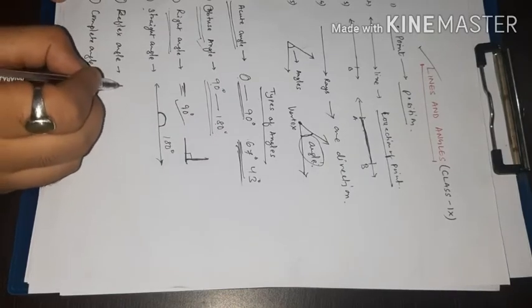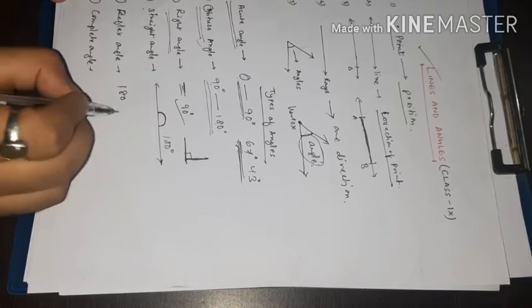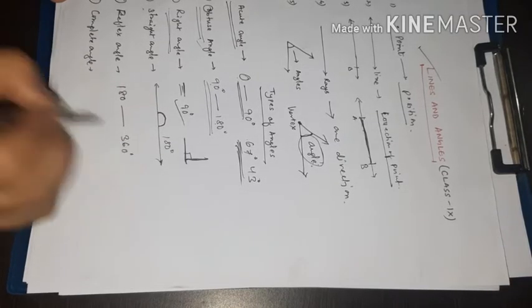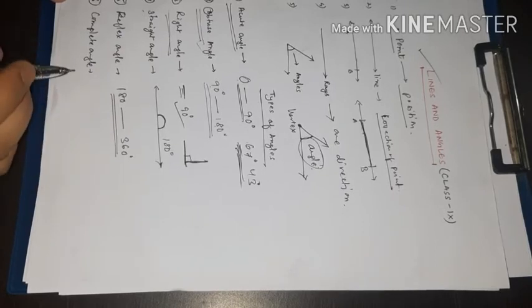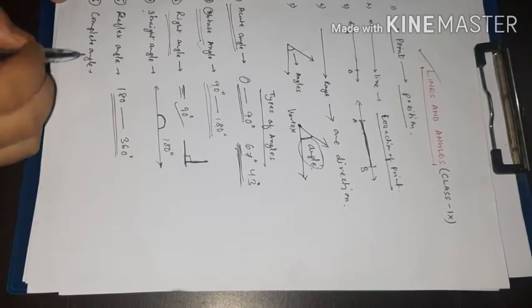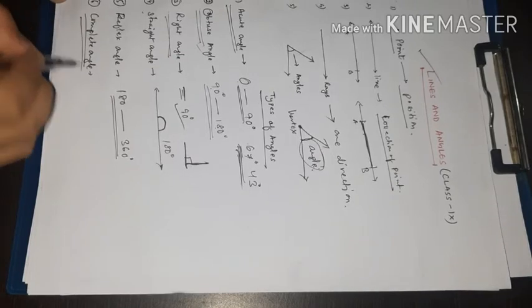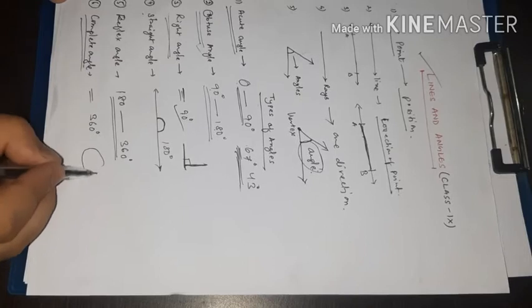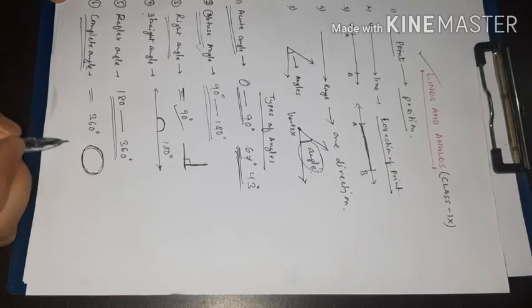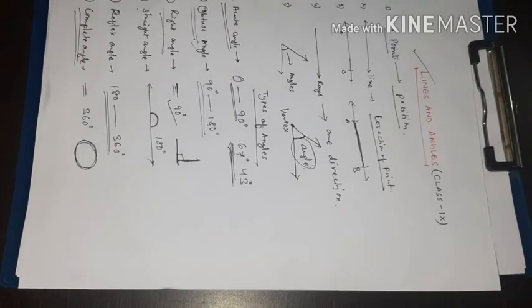A reflex angle is more than 180 but less than 360. Then next we have the complete angle. A complete angle is always equal to 360 degrees. So the whole of this is 360 degrees. This is the basic list of types of angles.